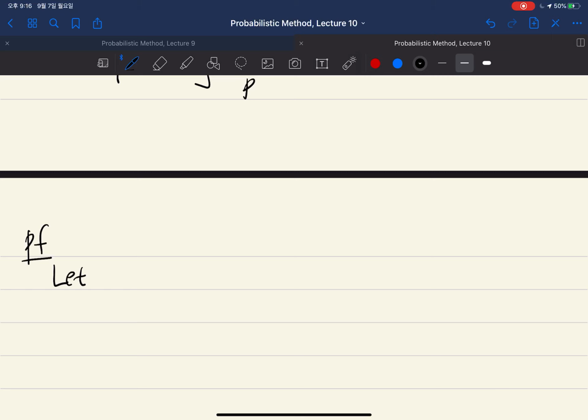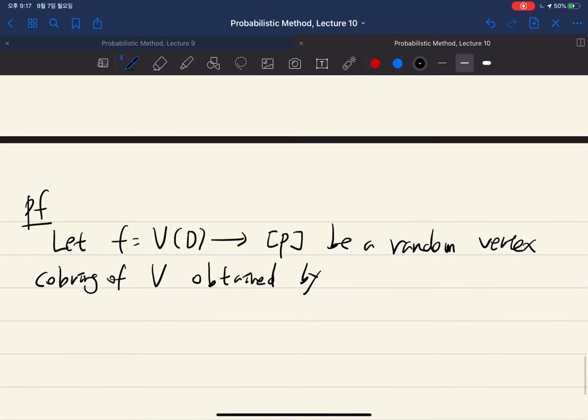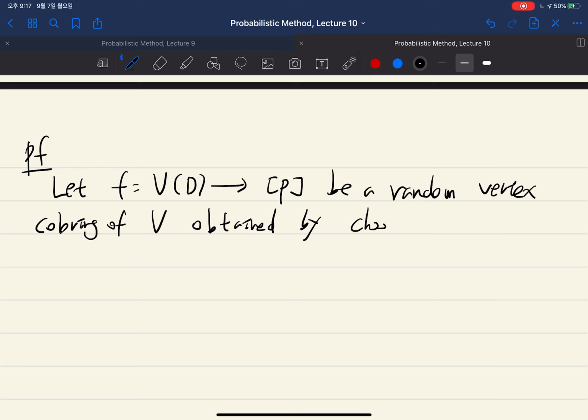So let F be a random vertex coloring of V, which is obtained by choosing the color of each vertex independently at random.